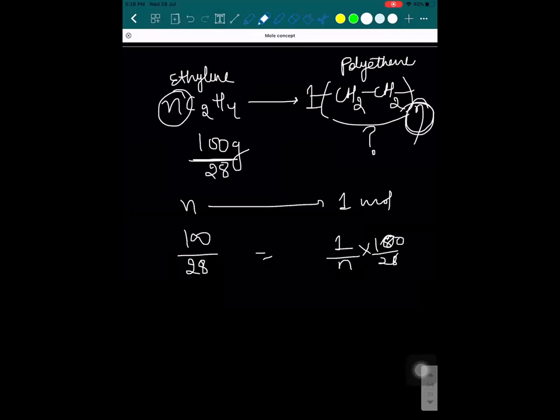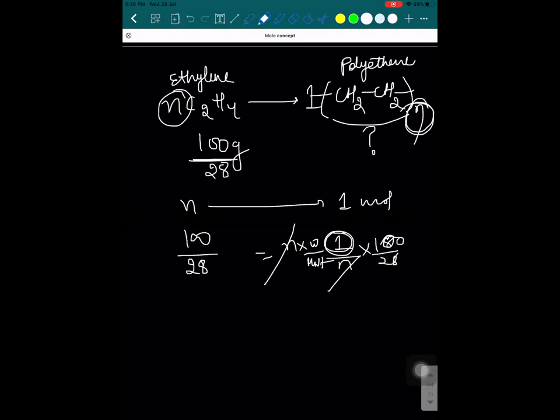But this is n times, so 1 mole means n times of given weight by molecular weight, so that this n and n will be cancelled. Isn't it? Are you getting how I am saying it? I am saying n times of it. I am repeating.